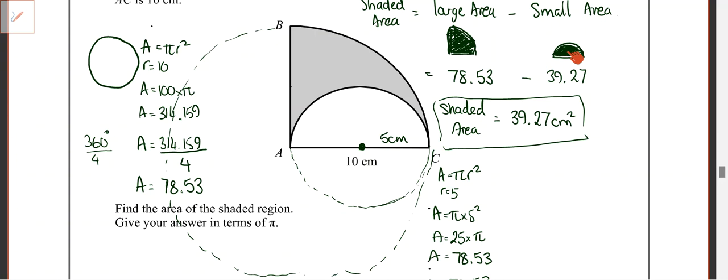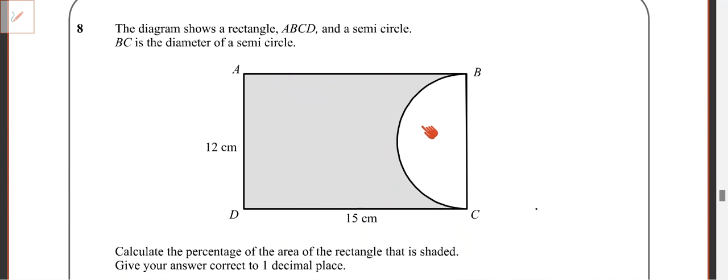This shaded region and this region are the same size. That's an interesting result. We don't need to know that, but for people that work a lot with circles, they would know that, and therefore it can simplify their calculations. Right? Now, following on that process then, is this question.